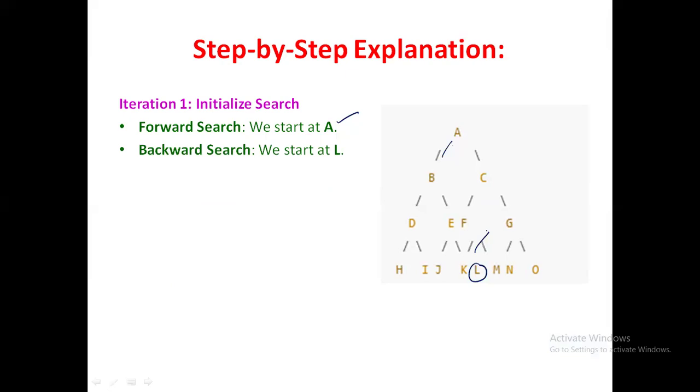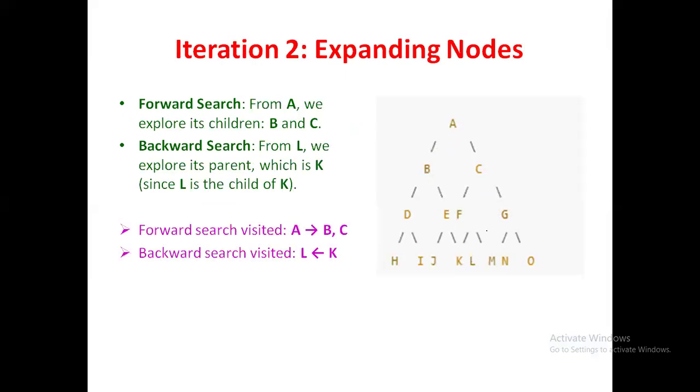In the second iteration, we have to expand the nodes. What is happening in the forward search? It expands node A and visits its children. The children of A are B and C. And the backward search expands from L, moving to its parent.